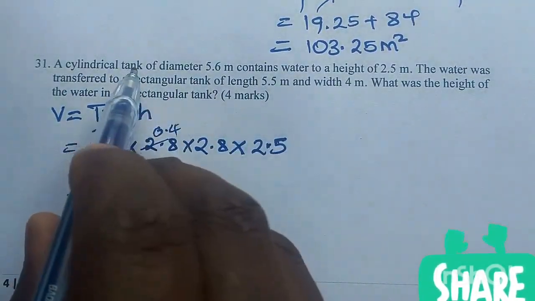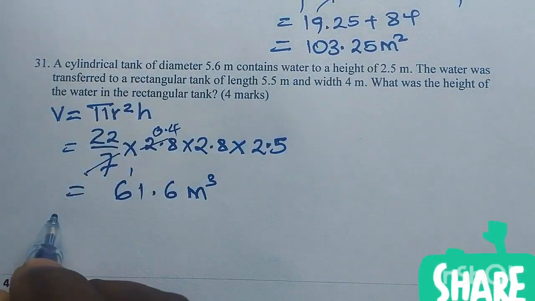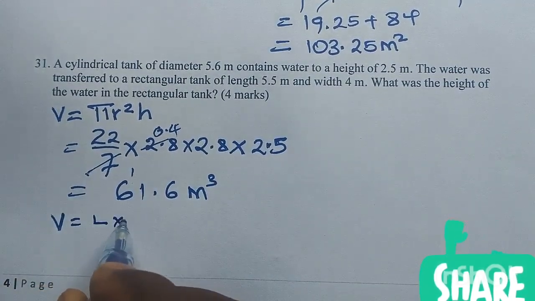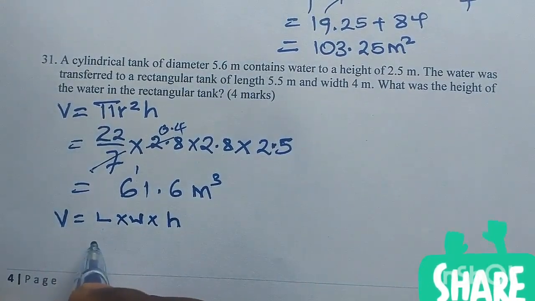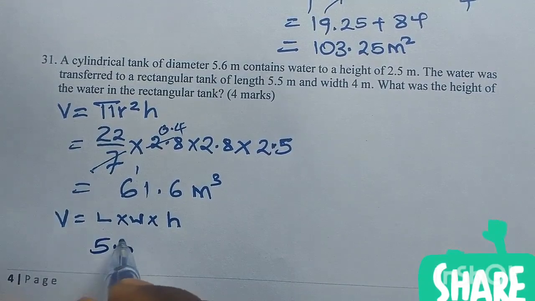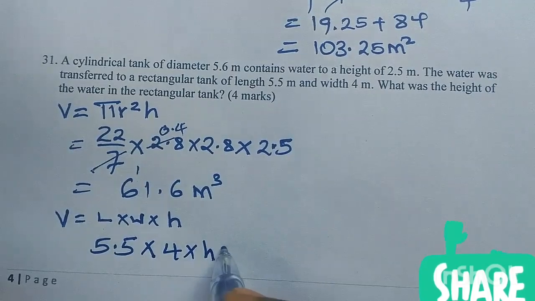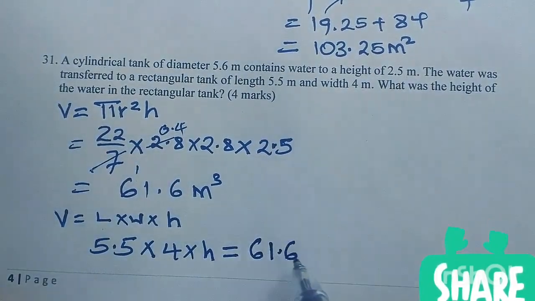So the volume of the cylinder and the volume of the rectangular tank will be the same. The volume of a rectangle will be length times width times height. So the length is 5.5 times width, which is 4, times height, and this is going to be equal to the volume, which is 61.6.